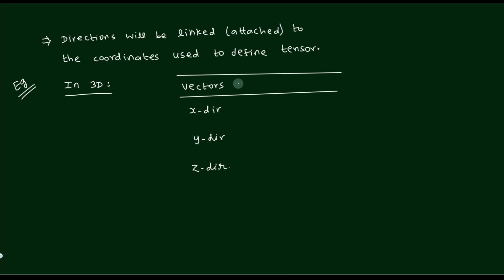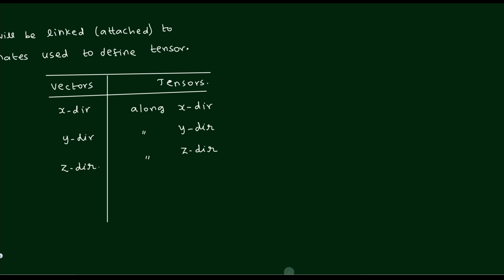Now in the case of a tensor, what will happen? In the tensor, it is going to be a similar situation. I'll say that it is along the x direction. It is the same thing; nothing changes. It is very much similar to a vector, along y direction, along z direction. But now comes the but. In addition to these three directions, we can fix many other directions. So I will extend this space, and in addition to these three, I'll separate them.